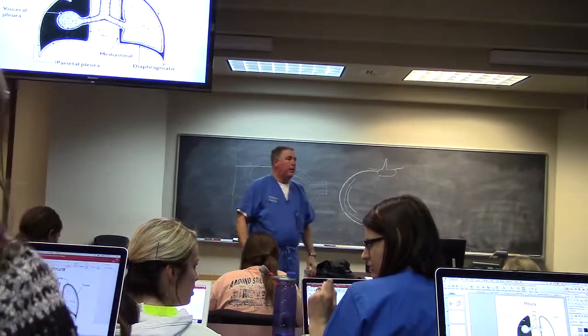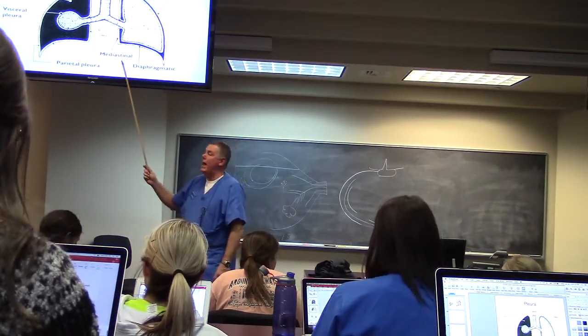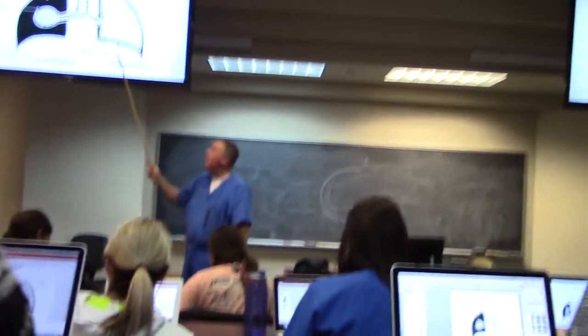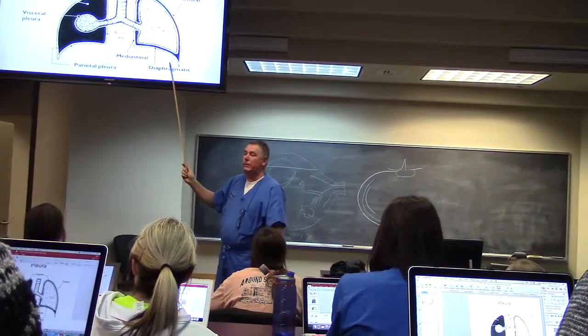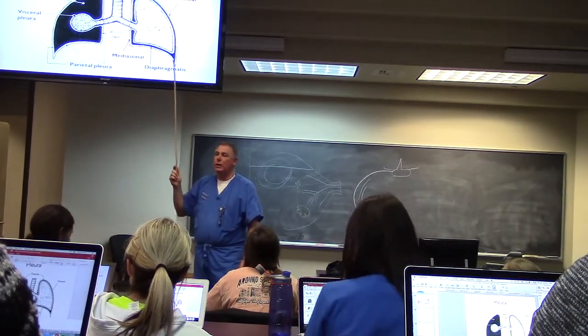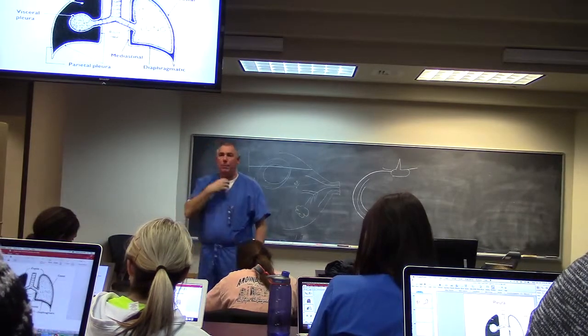All right. Now this slide right here, one of the things they show you, they name the pleural surface. If it sits on the diaphragm, they call it the diaphragmatic pleura versus the costal, the mediastinum. Mediastinum is anything in the middle.